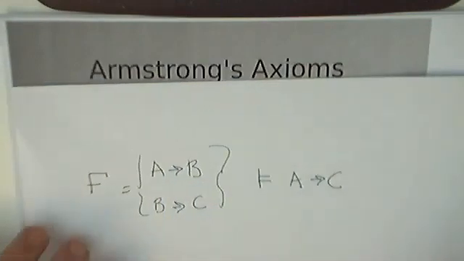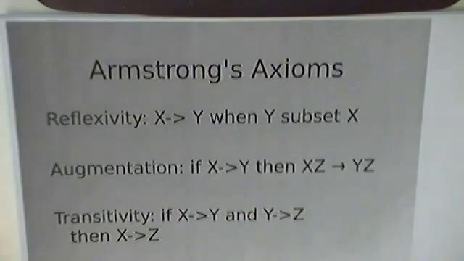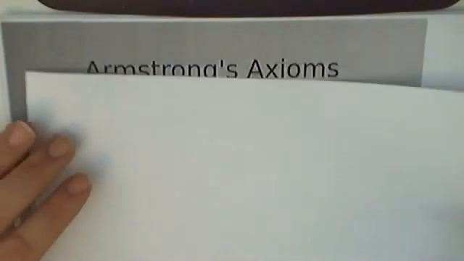So a lot of times what happens is you're given a set of functional dependencies, and then what you want to do, I can just write these things down willy-nilly.